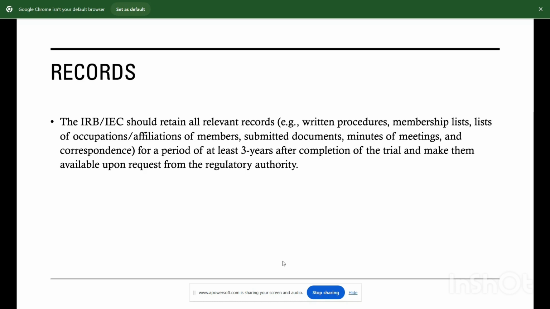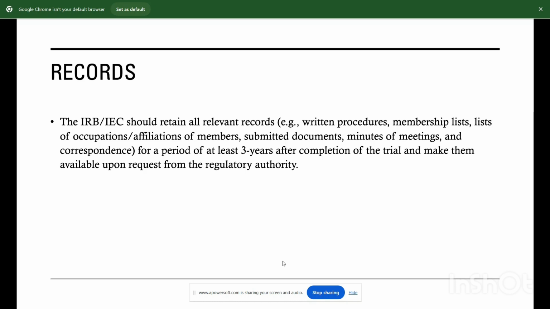As per the ICH GCP guideline, after the completion of the study the study documents have to be kept for a period of 3 years, because there is a possibility that some requirement from the regulator may arise in future. So this is also one of the responsibilities of the ethics committee.